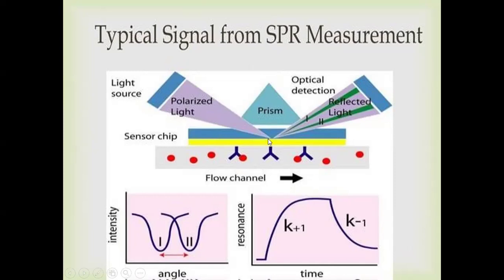So at point one, that is angle 1, you can see that it's a negative reaction, that is without the attachment of the antigen or antibody, you get a particular angle of deviation or deflection of the reflected light. Now when the reaction is positive, you can see the angle of deviation is separate for them.